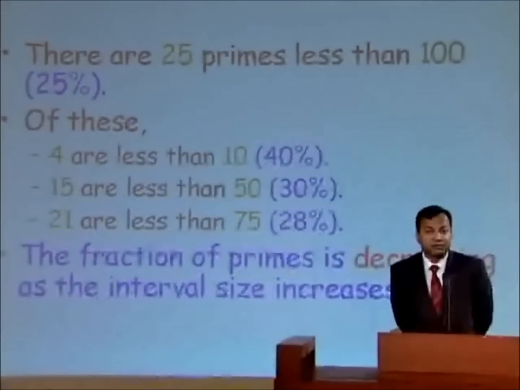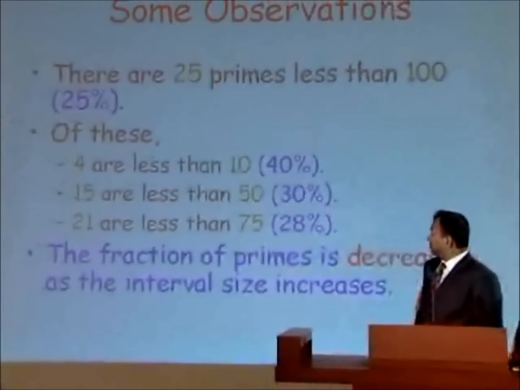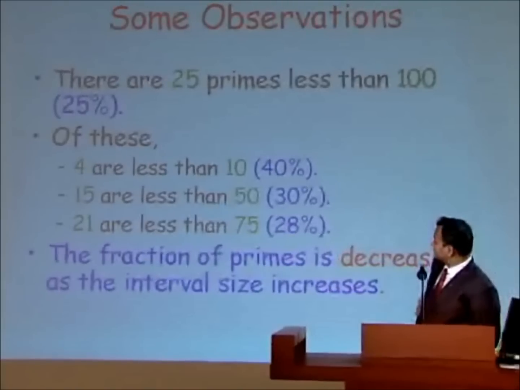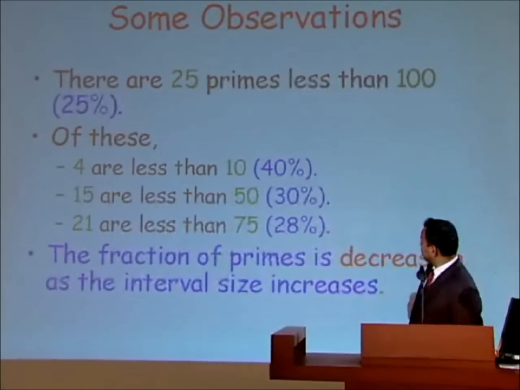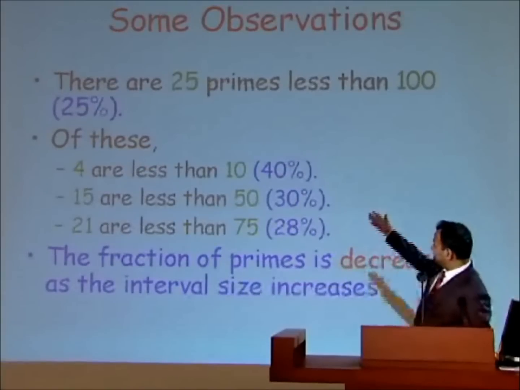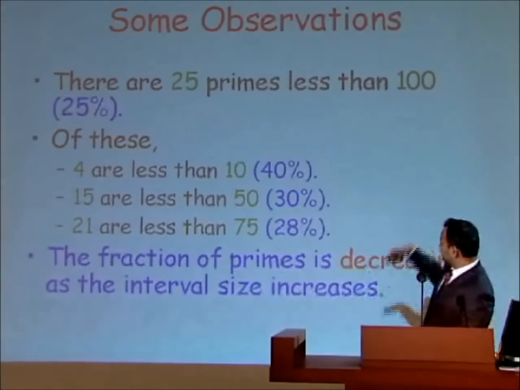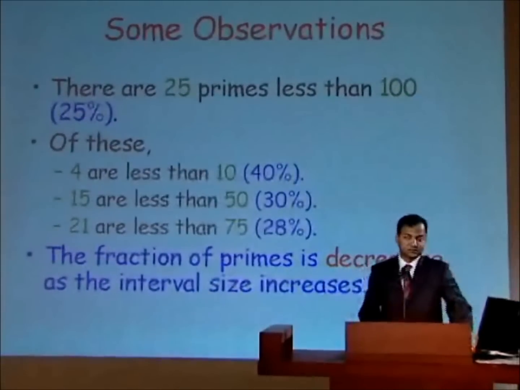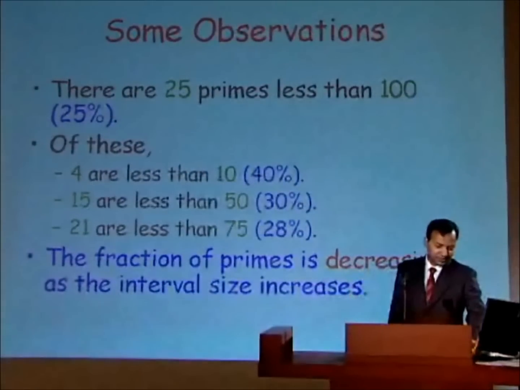Of these 25 primes, 4 are less than 10, which is 40%. 15 are less than 50. 21 are less than 75. So if you just notice the percentages, the fraction of primes appears to be going down as we increase the interval size.